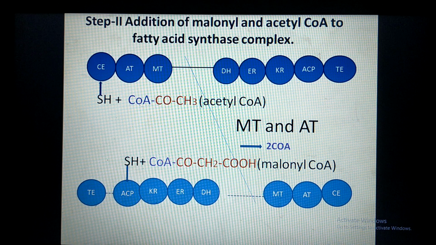Acetyl transacylase transfers the acetyl group to the condensing enzyme after removal of coenzyme A from acetyl CoA. Similarly, malonyl transacylase also removes the coenzyme A from malonyl CoA, and only the malonyl group is transferred to the acyl carrier protein.